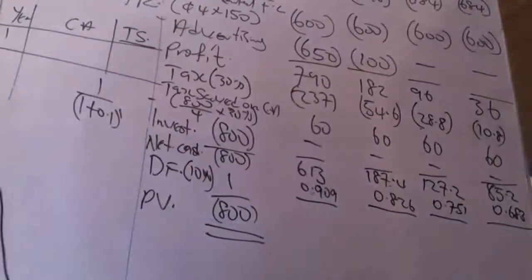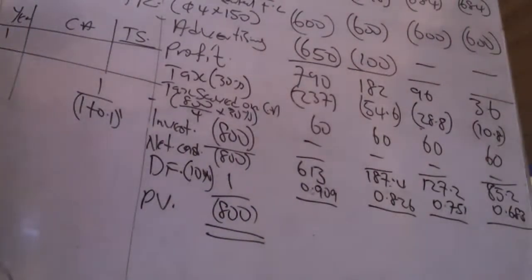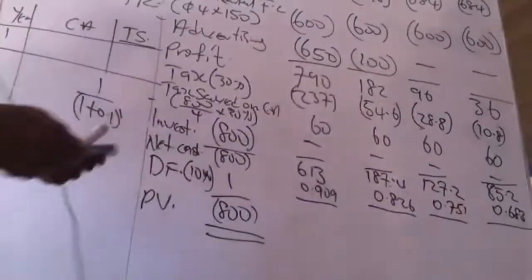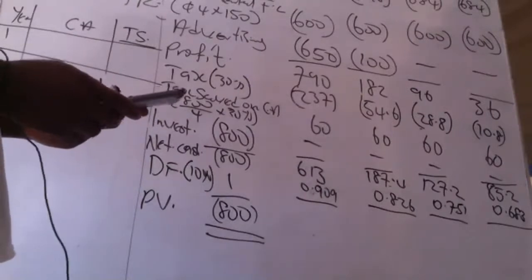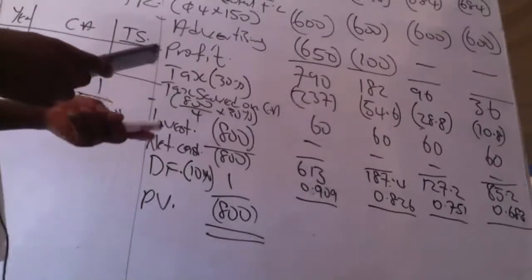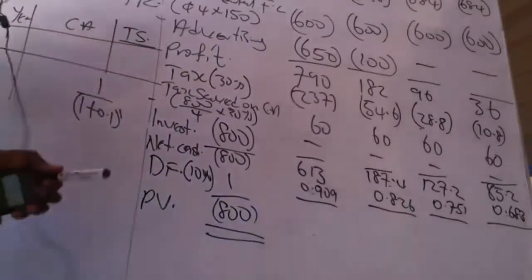Yeah. So what do we get? Please, what do you get? Okay, let me do it there. Now let's see. 613 times 0.909 will give us 557.22. Is that there? No, it's not there.